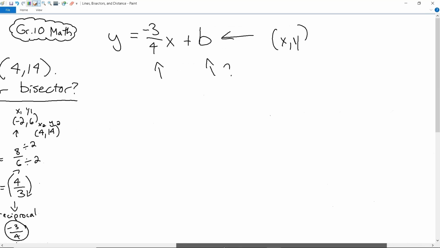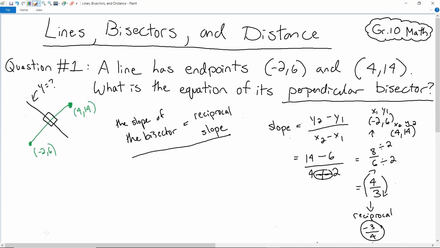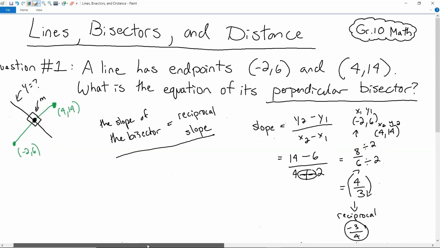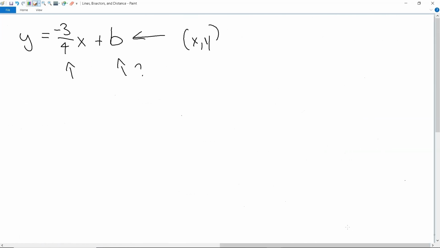If I go back to my little sketch, the perpendicular bisector cuts our original line directly in half, which means it must travel through our original line's midpoint. So if we solve for the midpoint, I know for sure that point lies on the reciprocal line, and we can use that in our equation.